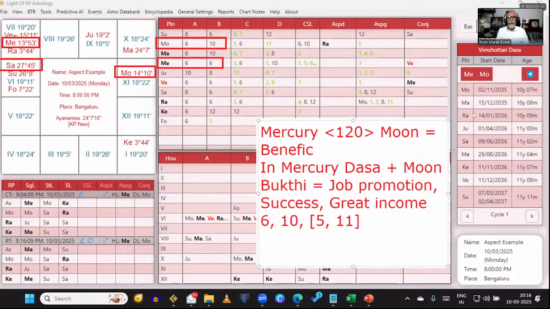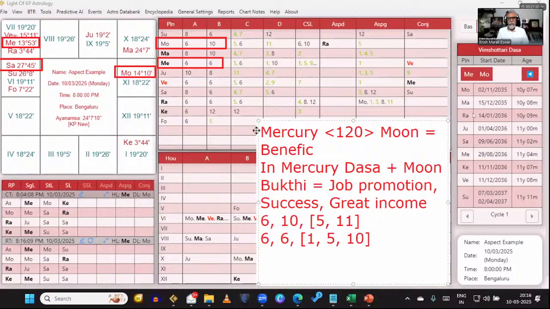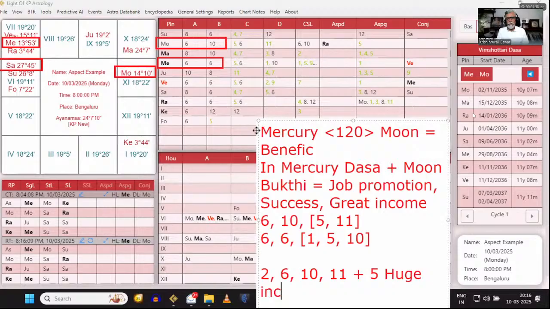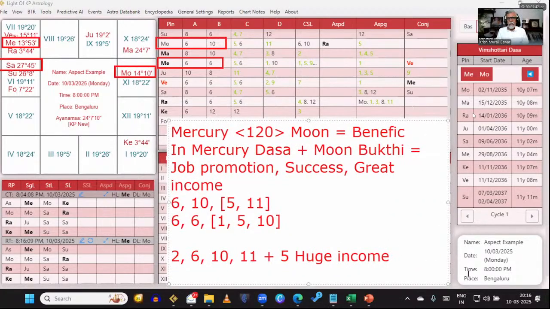Mercury is signifying 6, 6, 1, 5, 10. So whenever we see 2, 6, 10, 11 with 5, it is huge income. Okay, massive income will come.